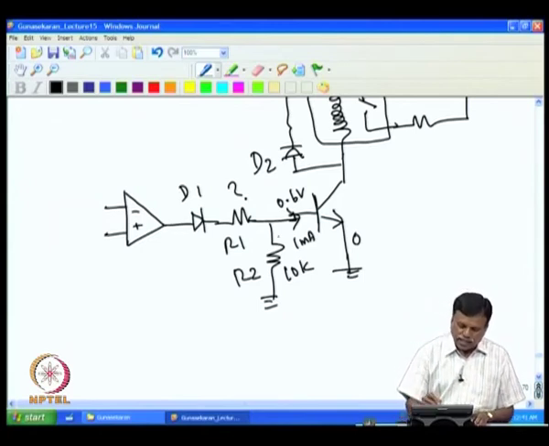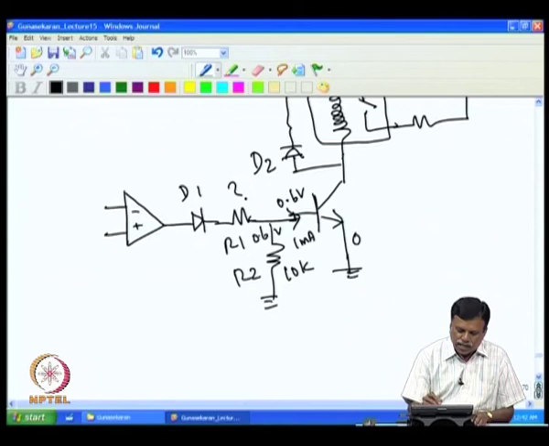Now, this is 10K, that means the voltage at this point is 0.6 volt. So, current through this is 0.6 by 10K. Here 1 milliampere current is going, and here 0.6 by 10K.